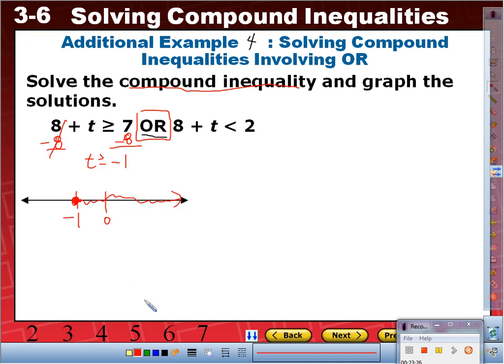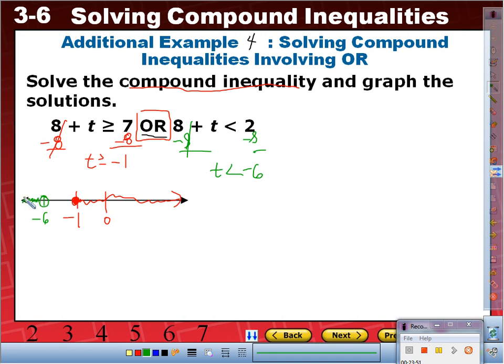There it is. Now I'm going to solve my second one. I'm going to do that in green. Same thing. To solve for t, I subtract 8, I have t less than -6. So negative, is that -6? Yeah. -6 is right here. Does it include the -6? No. Open. Let's see. T is less than -6. What numbers are less than -6?